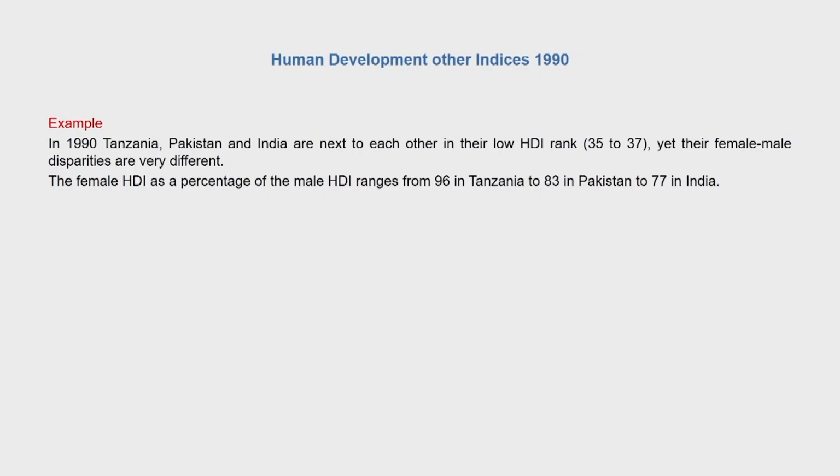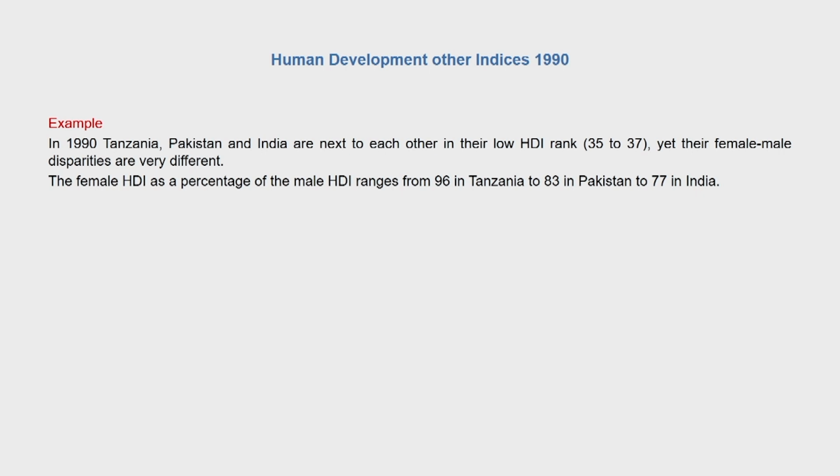Given this background, one of the examples quoted in the 1990 technical notes of human development indices is a comparison of Tanzania, Pakistan and India, which were next to each other in their low HDI ranks, 35, 36 and 37, but their female-male disparities were very different. Female HDI as a percentage of male HDI ranged from 96 in Tanzania to 83 in Pakistan to 77 in India.